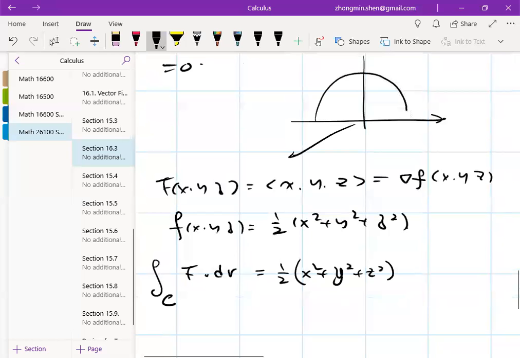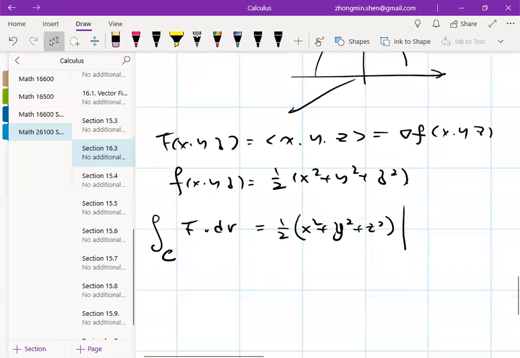So you really don't need to look at the path. The two points: the one on the right-hand side is going to be 0, 1, 0, and this is going to be 0, negative 1, 0.